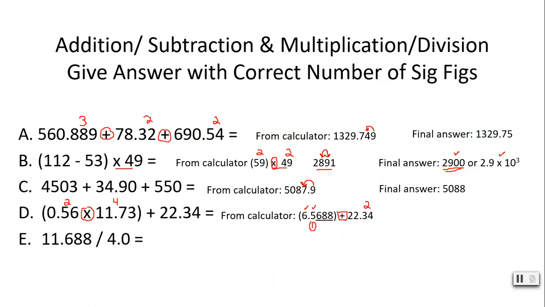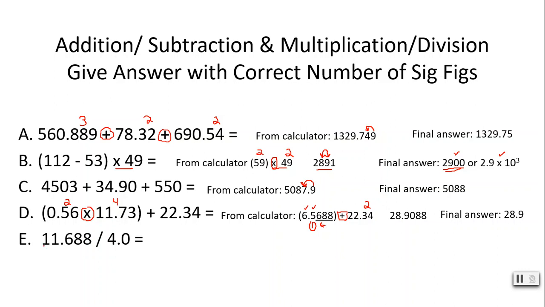The 688 is not significant based upon the multiplication rule. And that's important to remember because now when I add these 2 numbers, this is what comes out of my calculator, but my final answer, due to the rules for addition, should only have 1 significant figure after the decimal. So my final answer for D is 29.8.